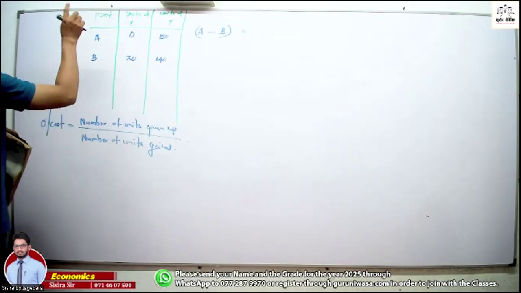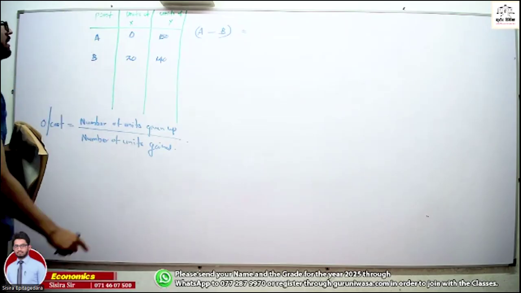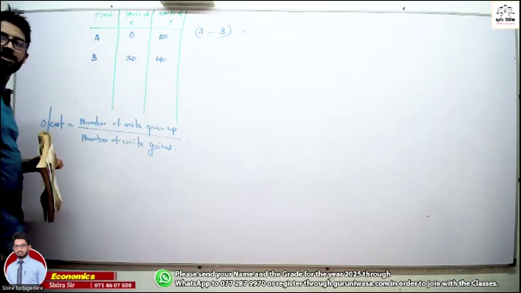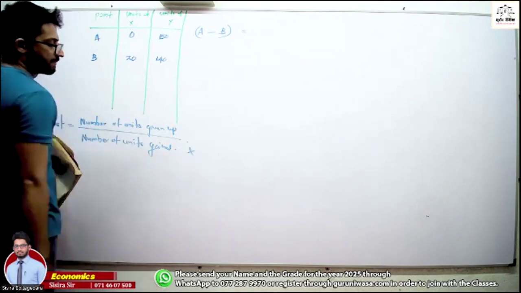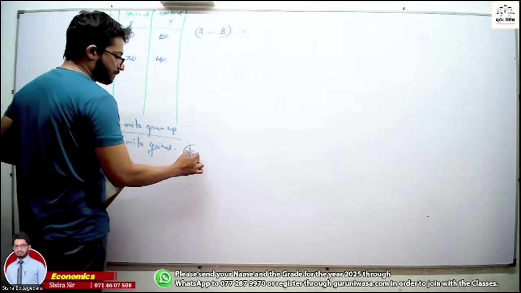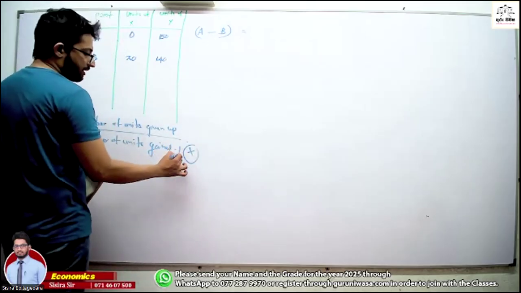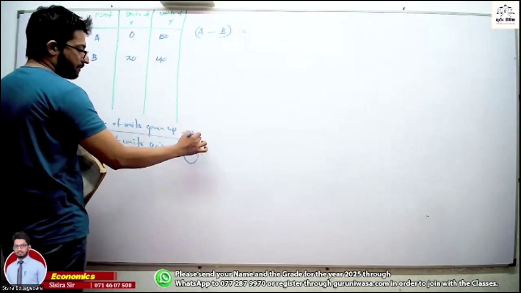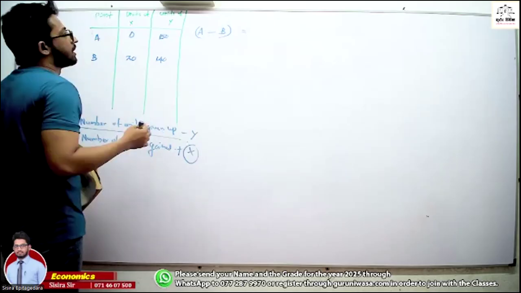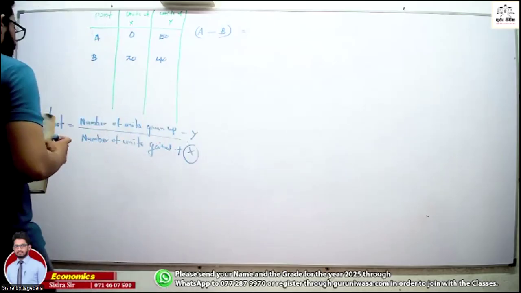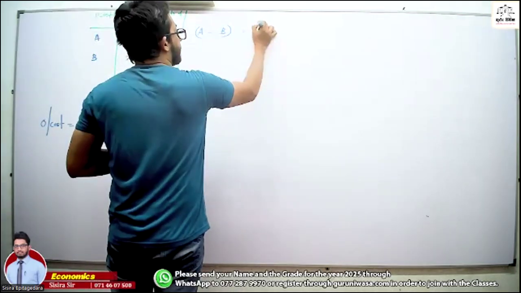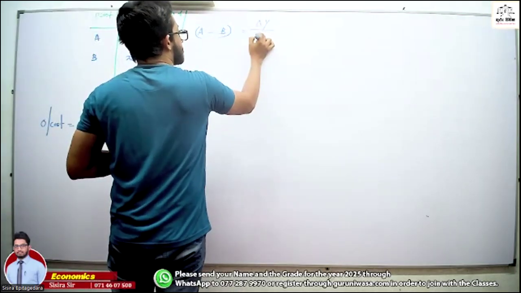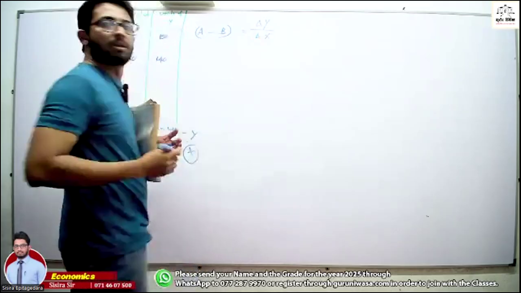When moving from A to B, Lamai, X production rises. It means number of units gained is X. To increase X production, Lamai, economy has to decrease Y production. So number of units given up is Y. Delta Y divided by delta X, right?